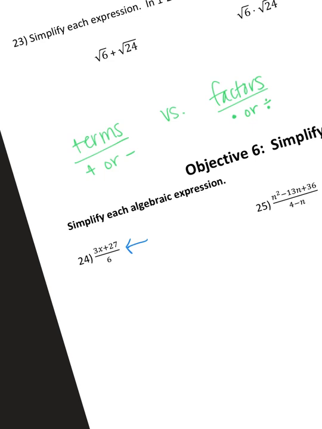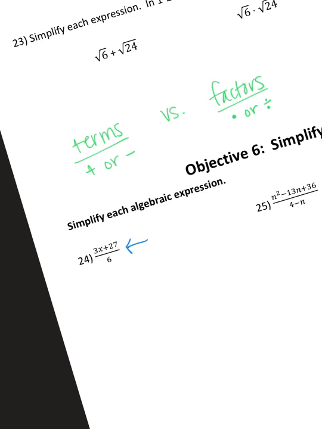So in this numerator, we have the terms 3x and 27. In the denominator, we have the term 6. If we're looking for a GCF of all of those three terms, the 3x, the 27, and the 6, then the GCF is 3. So we can factor a 3 out of the numerator, and we can factor a 3 out of the denominator.